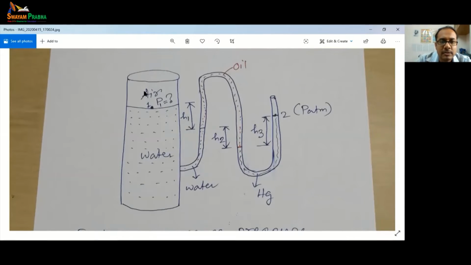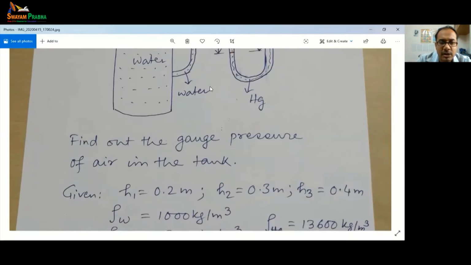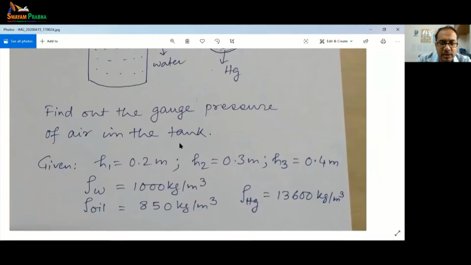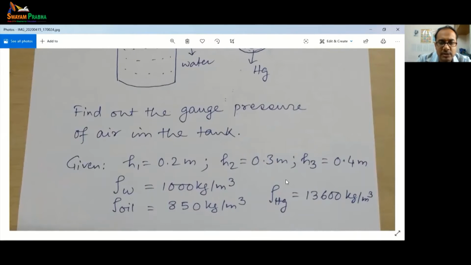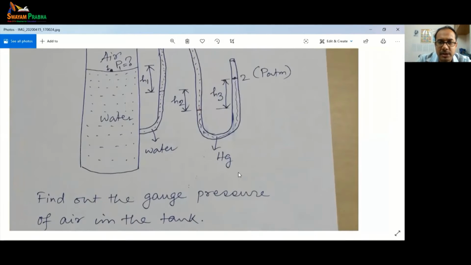So here the gauge pressure we have to find out, and what is given? We are given all these different column heights, H1, H2, H3, and different densities: for water, 1000 kg per meter cube; for the oil that is used here, 850 kg per meter cube; and for mercury, 13,600 kg per meter cube.